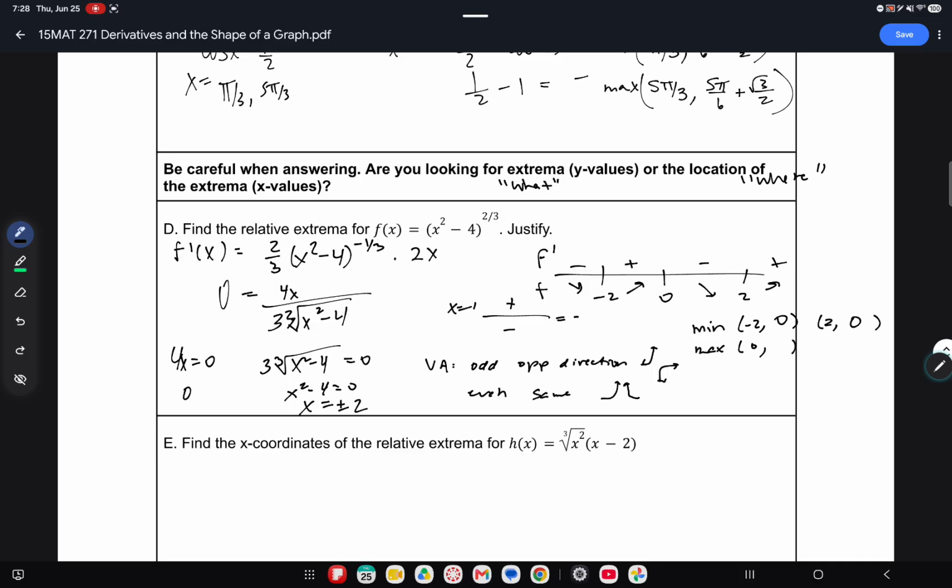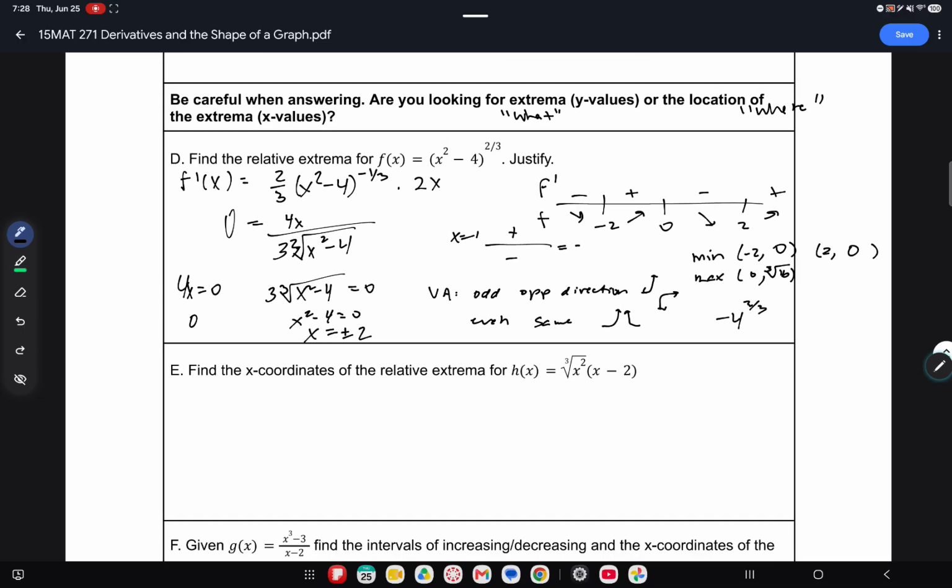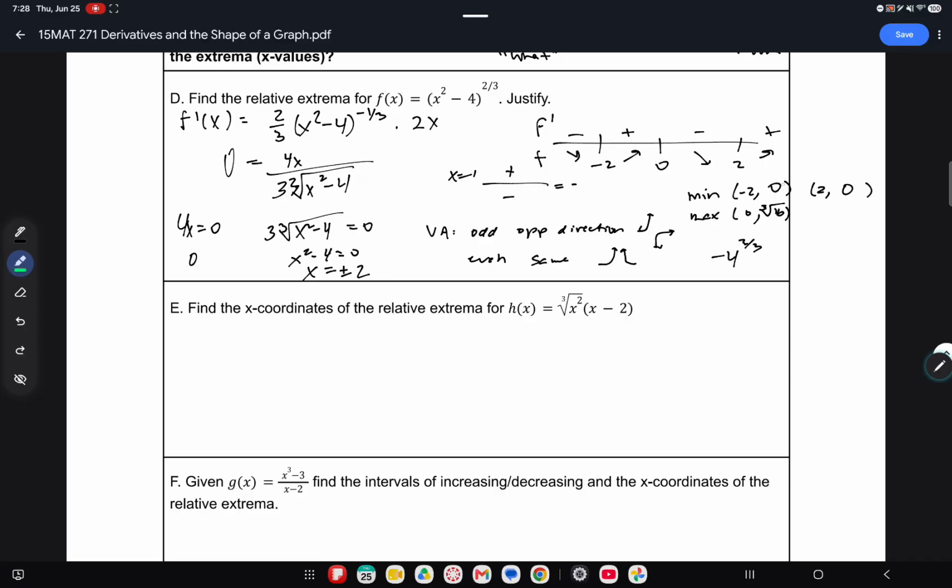And then if I plug in 0, I get -4 to the 2/3. So -4 squared is what, 16? So the cube root is 16. All right. And so there are my extrema values. Really, I could just use the y's.